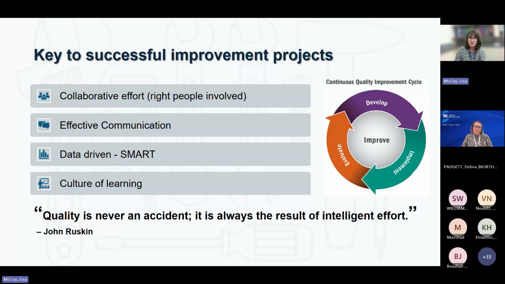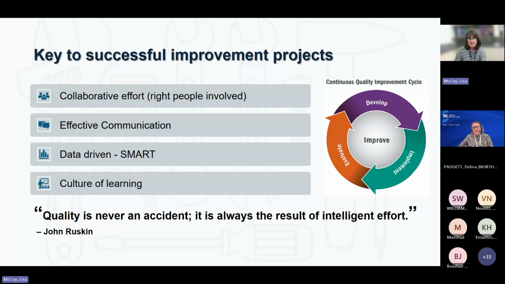And we need to cultivate an environment of learning within our departments so that we have a continuous quality improvement cycle where we're developing, we're implementing and we're evaluating. John Ruskin said, quality is never an accident. It is always the result of intelligent effort.